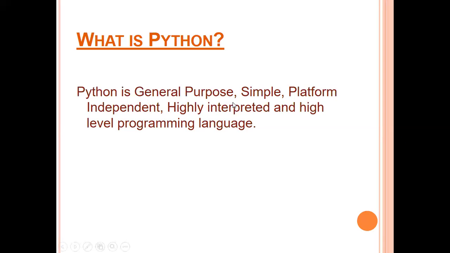Python is a general purpose, simple, platform independent, highly interpreted and high level programming language.